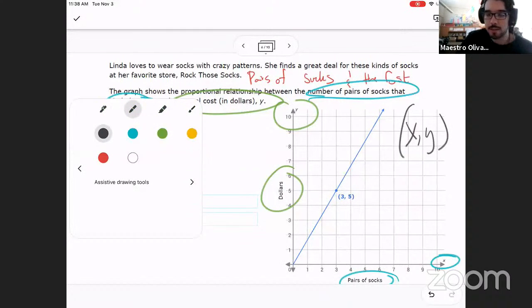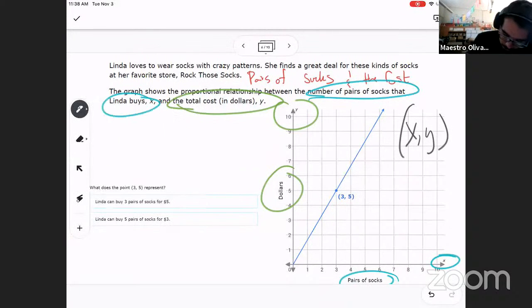So, let's see, somebody who I haven't heard from. Dani, what does the 3 represent? Is it the number of pairs of socks or how much money it costs?